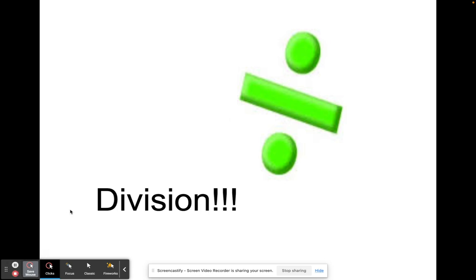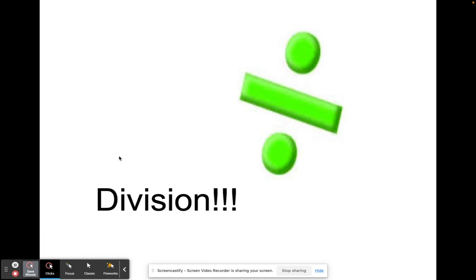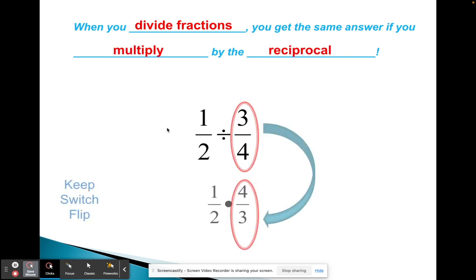Go back to that problem I just did. Okay, I thought I didn't see that 3 there. I want to make sure I did it right. Now let's stack division. Remember, when you divide fractions, you get the same answer as if you multiply by the reciprocal. Remember reciprocal? That is just flipping our second fraction.